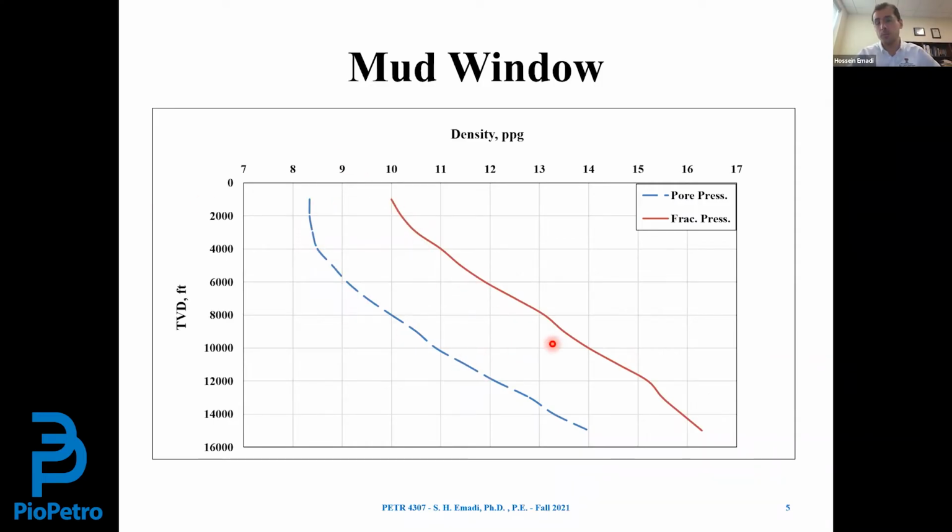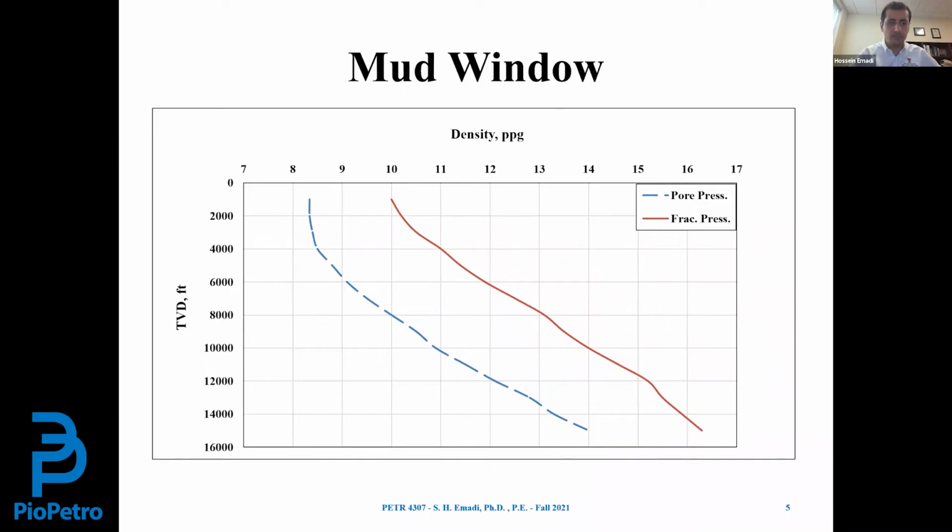The blue dashed line is pore pressure, and the solid red line is fracture pressure. Pore pressure can be calculated using seismic data or offset well data, and fracture propagation pressure can be calculated using the Hubbert and Willis method, or more accurately, the Eaton method. Anyhow, when we plot pore pressure and fracture propagation pressure versus TVD, we define this as the mud window.